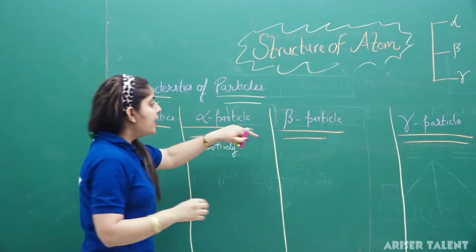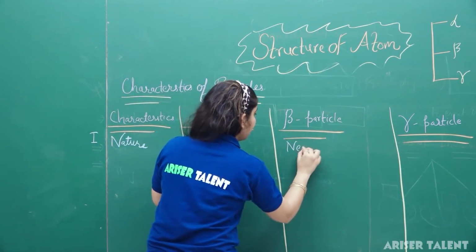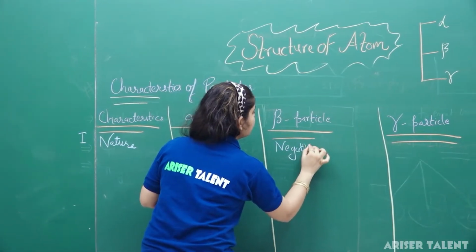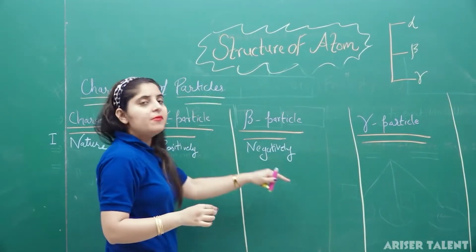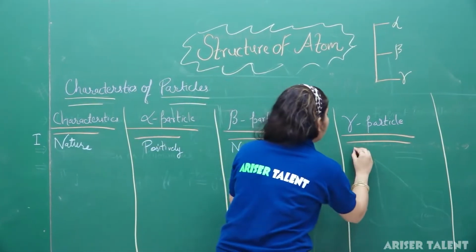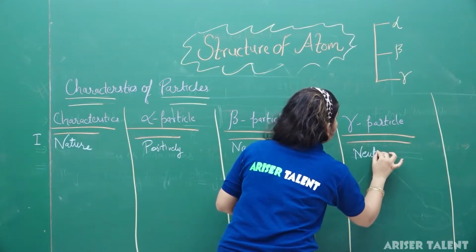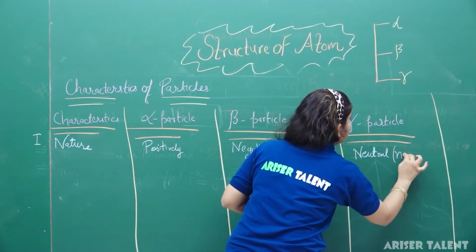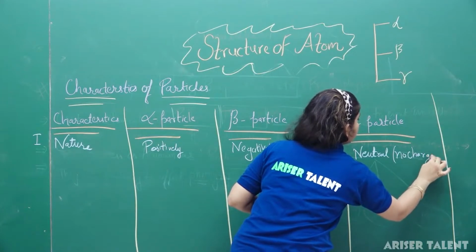On the contrary, beta particles are negatively charged. And the third, gamma particles, carry no charge. So these are neutral. It means they do not carry any charge.